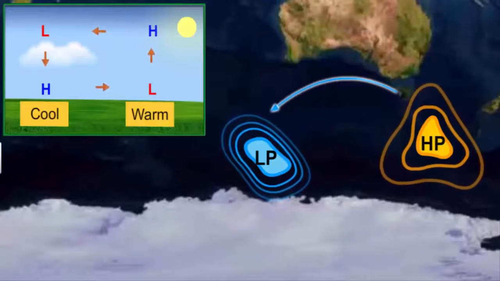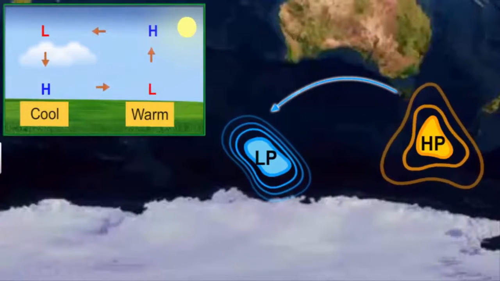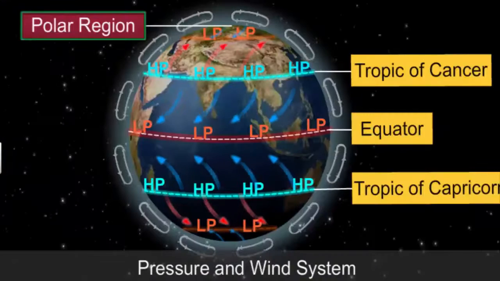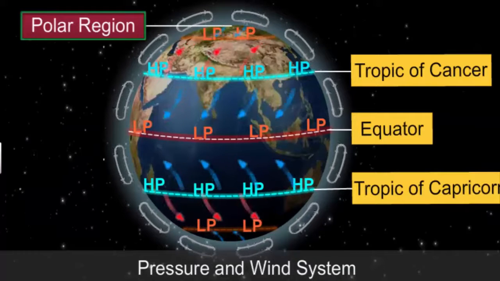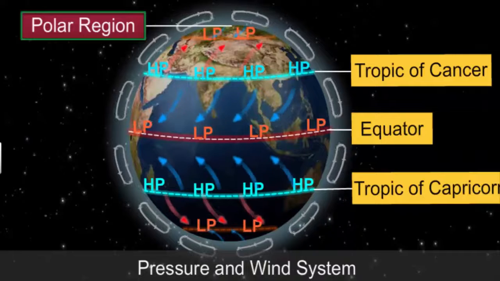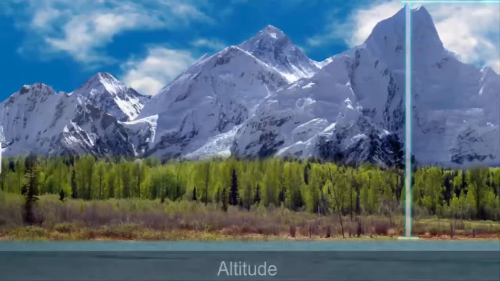In order to equalize the difference in pressure, air moves quickly from high-pressure areas to low-pressure areas. As a result, winds blow outward from a high-pressure location towards lower pressures. The differences in air pressures near the equator and the poles are the main factors that influence global pressure and wind systems.